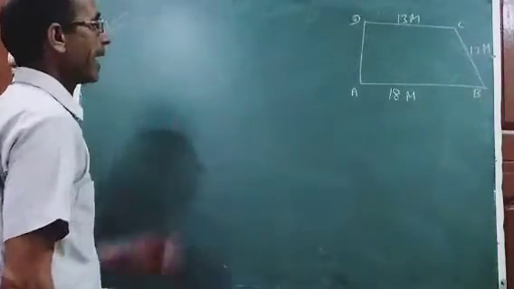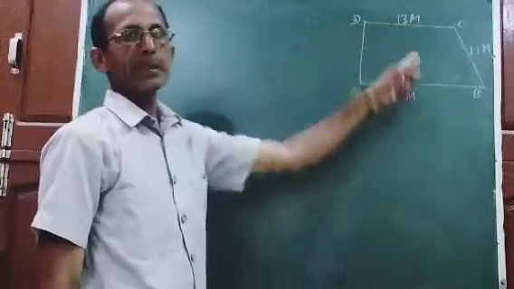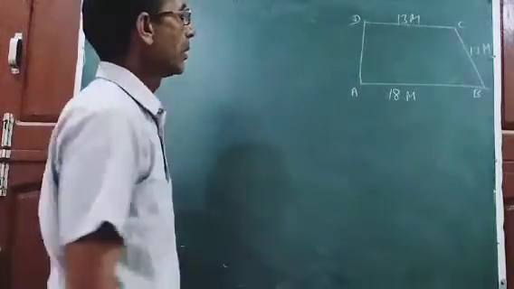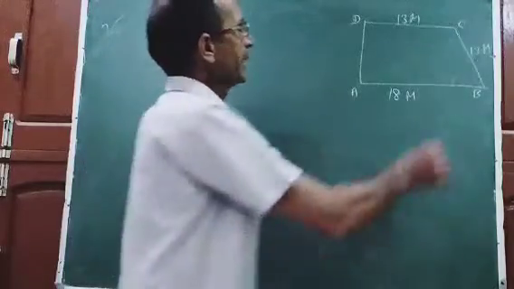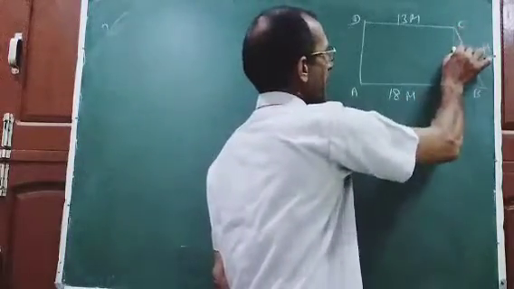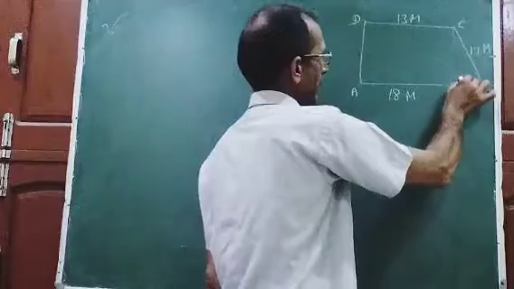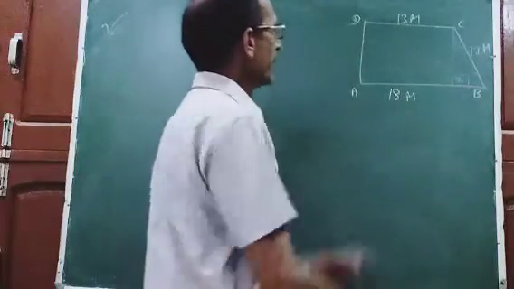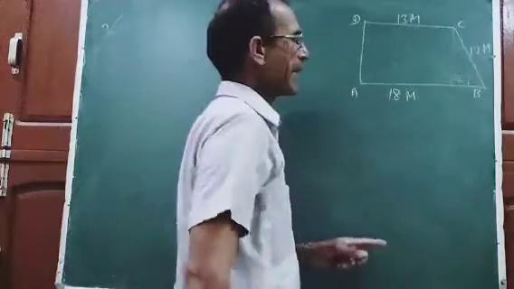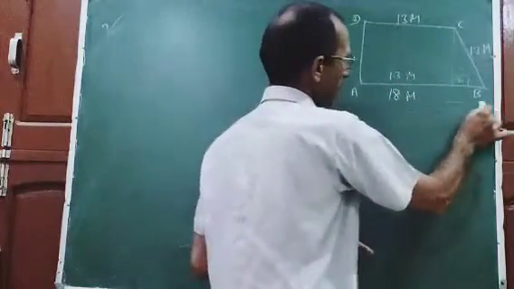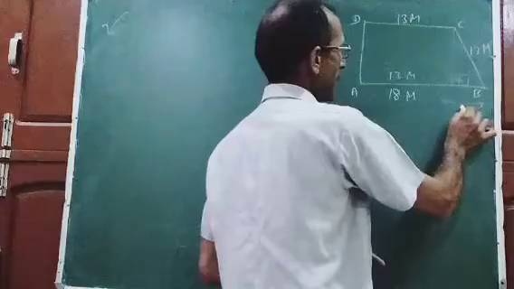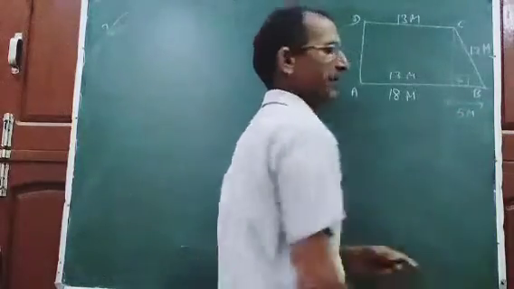To find the area, because this is a trapezium, the height is not given. So how will you find the height? I will draw this perpendicular. This angle is 90 degrees. Total length of AB is 18, so up to here will be 13 meter, so this will be 18 minus 13, 5 meter.